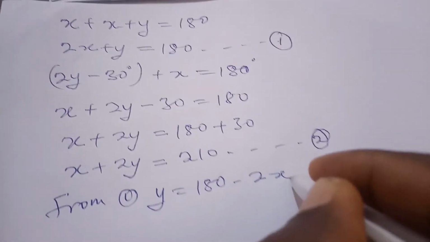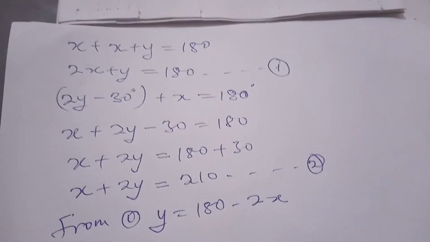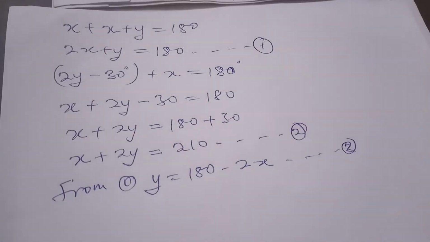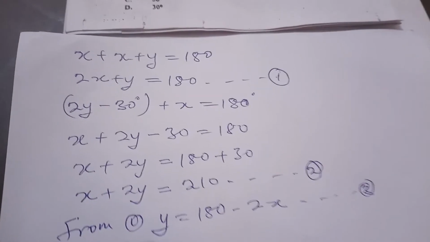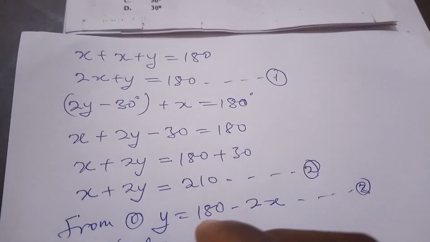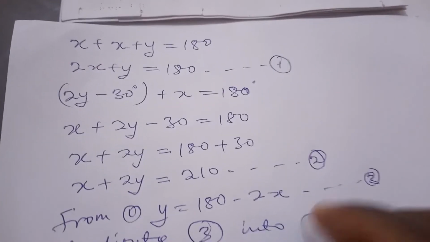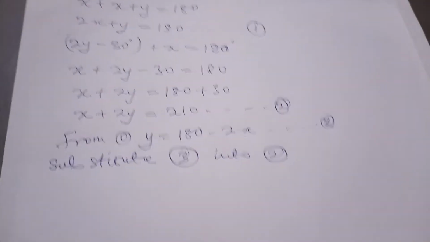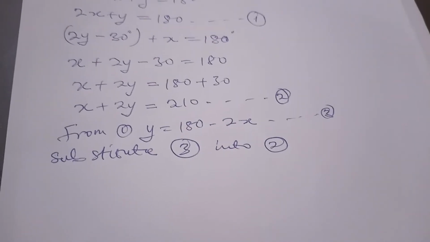Then I can call it equation 3 to make my writing easy. So I will now substitute equation 3 into equation 2. Remember, we got equation 3 from equation 1, so we cannot substitute it into the same equation 1 again. Substitute it into a different equation.